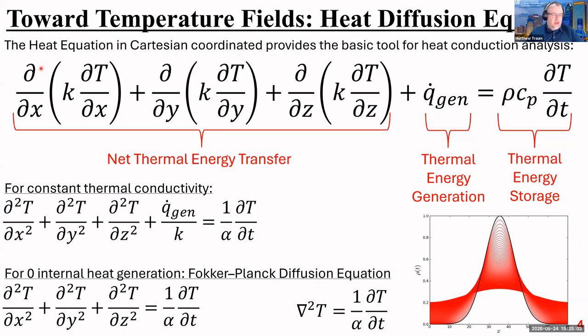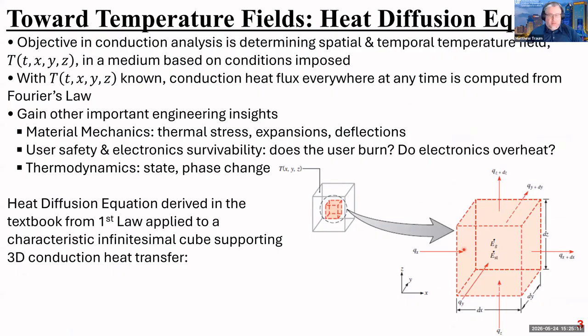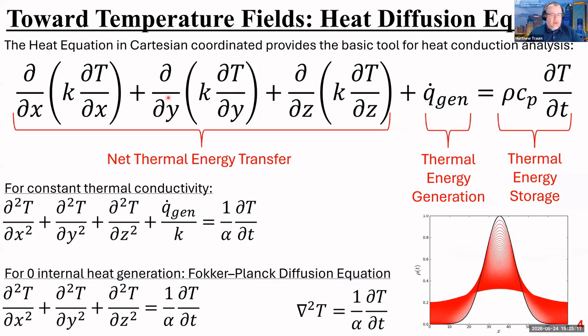All of these derivatives of derivatives represent the net thermal energy transfer, right? That's the conduction from one side to the other, from the bottom to the top, and from the front to the back. That's all represented by these terms. And here's the conduction coefficient k, which we talked about in the last lecture quite extensively.